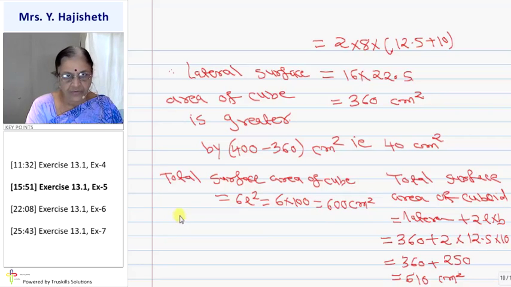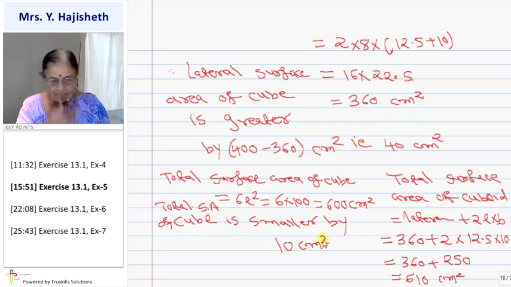So the cube's lateral surface area is greater and the cube's total surface area is smaller. Total surface area of cube is smaller by how much? By 10 centimeter square. Clear? Right? Total surface area of cube is smaller by 10 centimeter square.